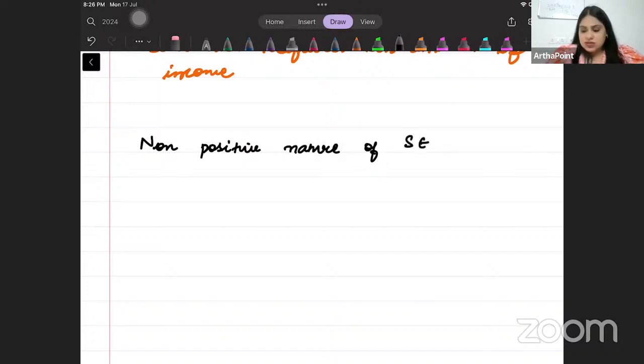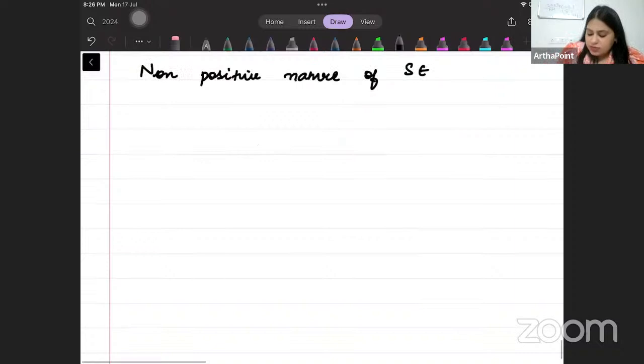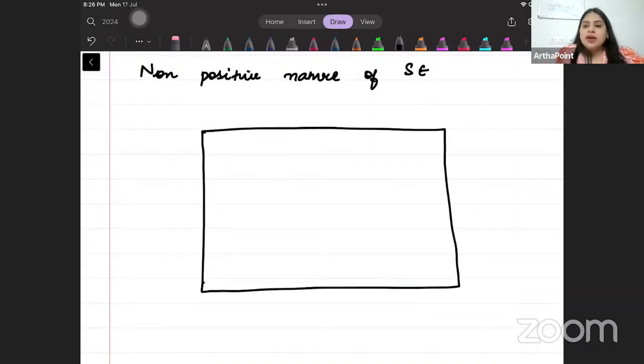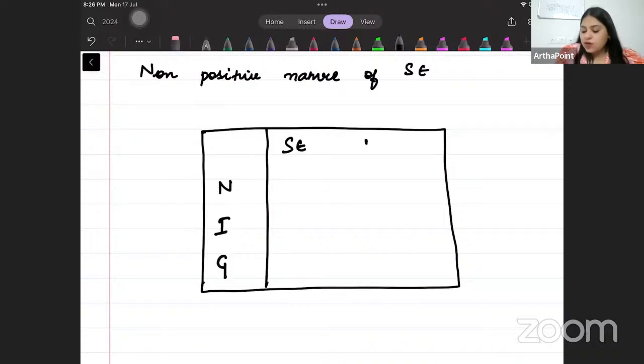Multiple times we have made this table, in which we did SE, ऐसे किया था. We went ahead and we did it for normal goods, inferior goods and Giffen goods: substitution effect, income effect and total effect. And we were saying that price of good X is decreasing.